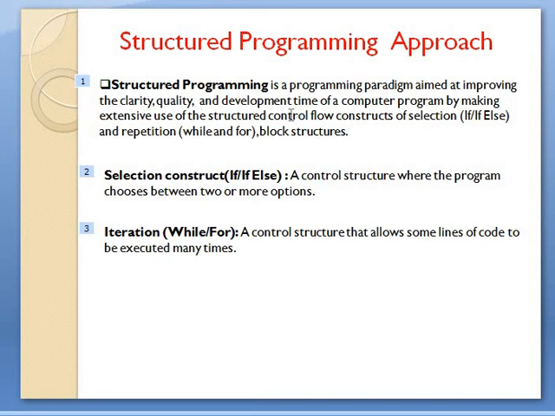There are two types of structured control flow constructs that can reduce the development time of a computer program. Those are the selection construct, which makes use of the if and if else statements, and the repetition or the iteration construct, which makes use of the for and while statements.